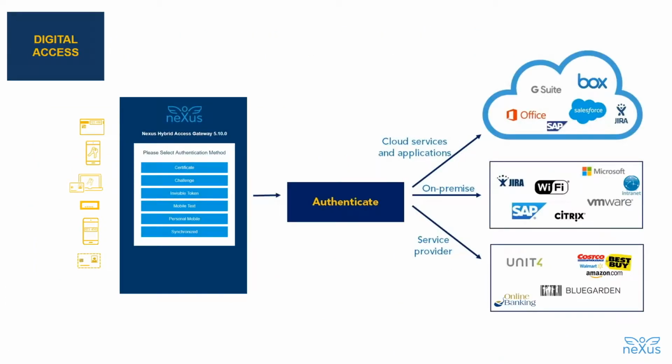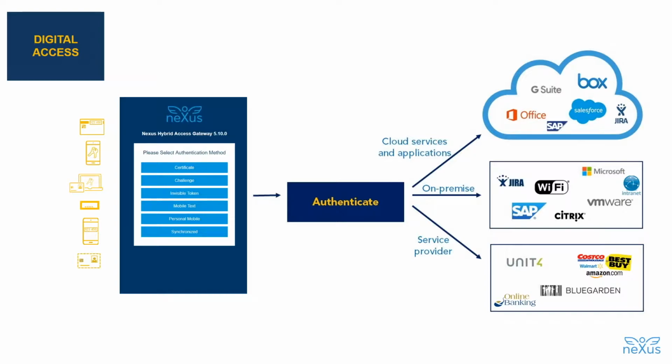On the next page, to be able to access a service, you need to first select the way you should authenticate. In this picture, we have a list of lots of different methods. Normally, you would like to narrow down this list, and we have a policy-based method to show the authentication methods.